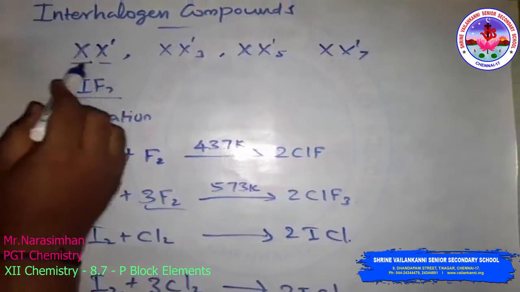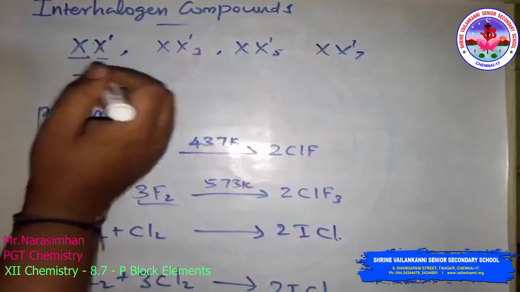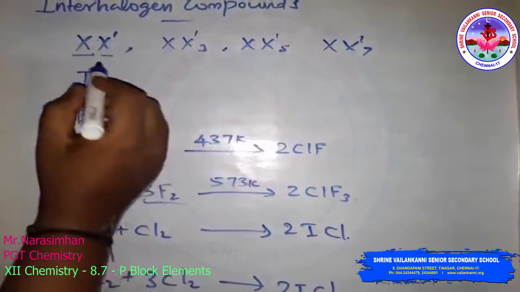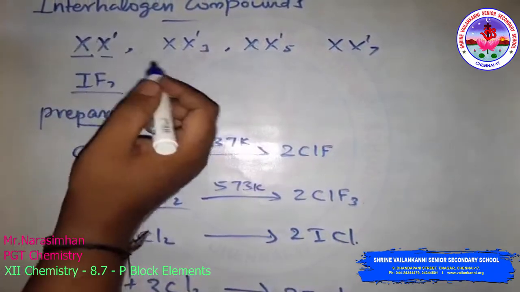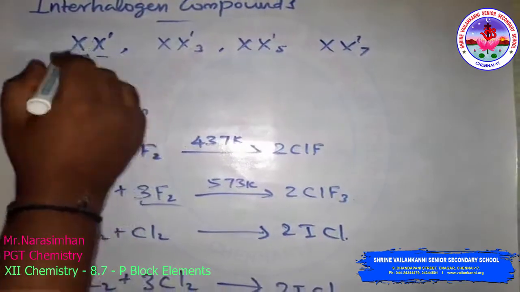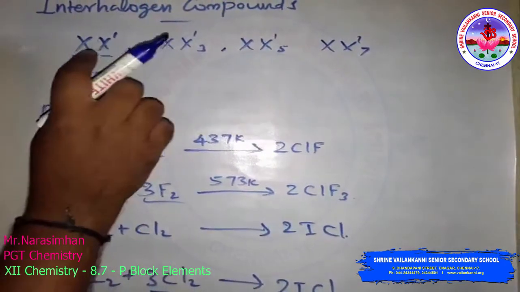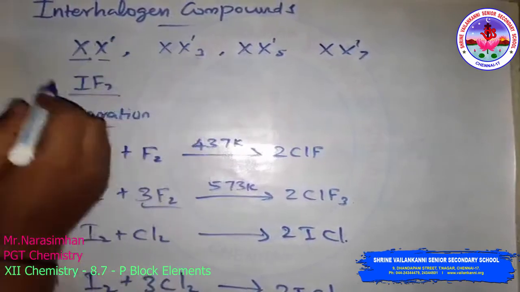X is more electropositive, and the ratio between the radii of X and X' increases. The number of atoms per molecule also increases here.